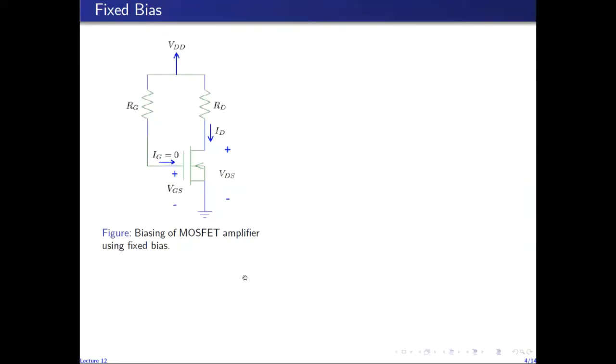So the first biasing scheme is the fixed bias circuit, which is shown here. It's a very simple circuit, just consists of 2 resistors, the gate resistor and the drain resistor. So we know that the gate current for the MOSFET is 0.